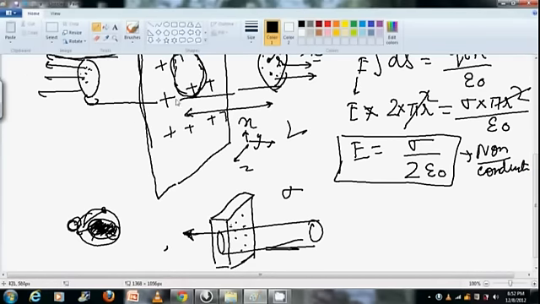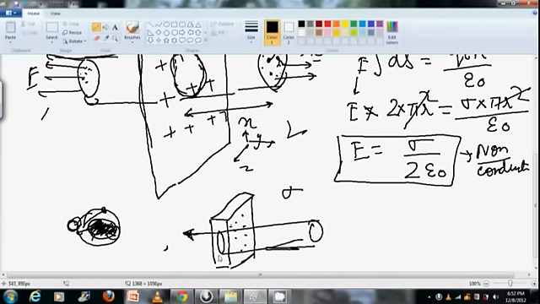Because it is non-conducting, there is no place where there is no electric field. In every place the electric field is coming out, and it is symmetrical. But here, inside this metal, there is no electric field.